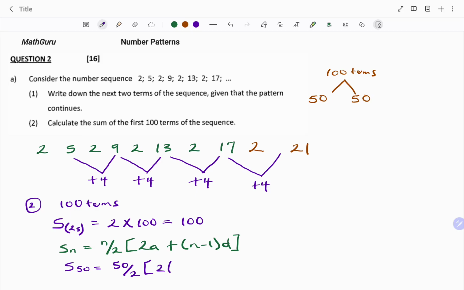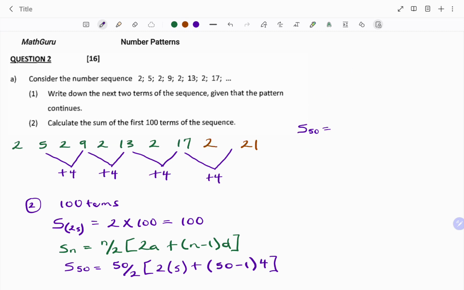So that's going to be 2 times 5, close bracket, plus the total number of terms, 50 minus 1, times my common difference, which is plus 4. So I'm multiplying that by 4, close bracket. So therefore, my S50 equals 50 divided by 2, that's 25, multiplying 5 times 2, 10, plus 50 minus 1, 49. 49 times 4 will give me 196, close bracket.